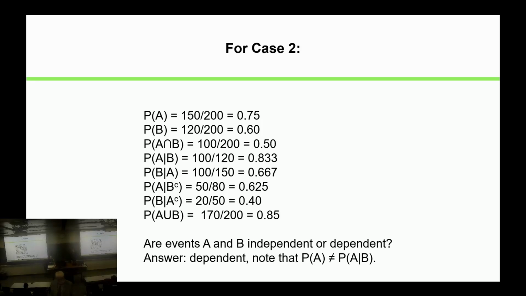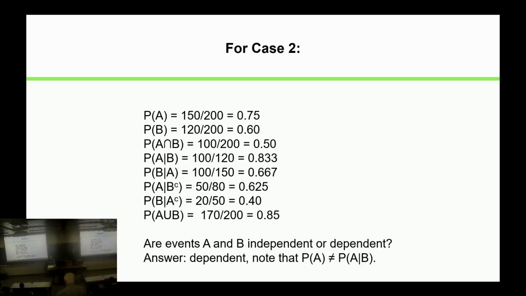Anybody want to give me a why not independent? Probably for the same reason that the other one was dependent. In the case that the probability of A should be the probability of A given B. Yeah, and it's not.